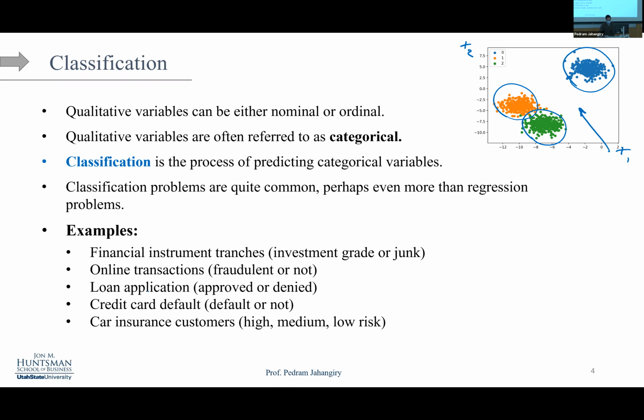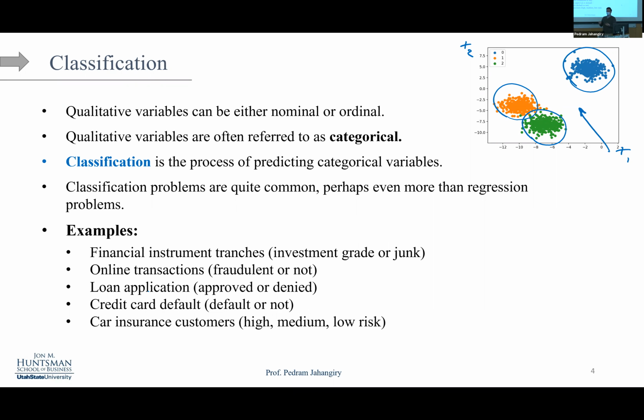Okay, so what are the examples? In the finance industry, the target variable can be financial instrument tranches. Tranches are basically pooled securities where you divide the characteristics of that security based on some features. For example, you're looking at a bond and you want to say whether it is a junk bond or an investment grade bond. Why does that matter?